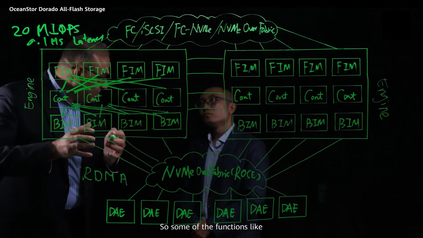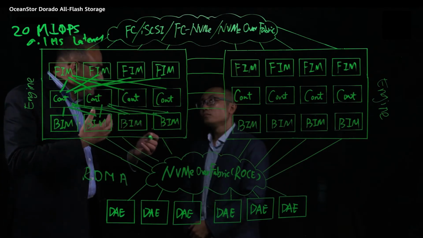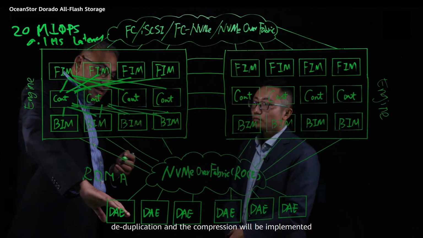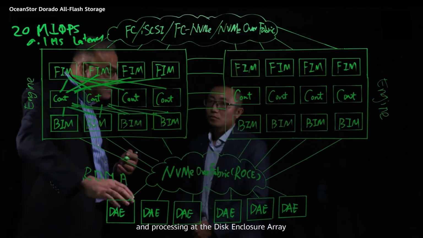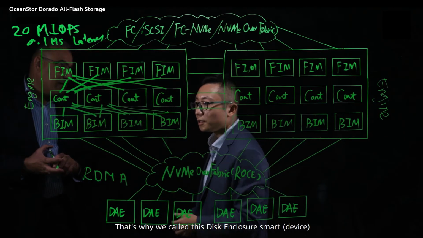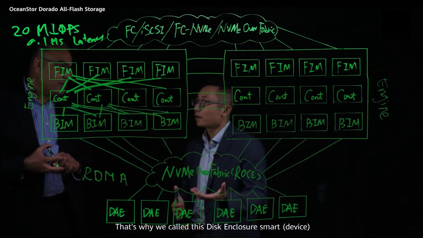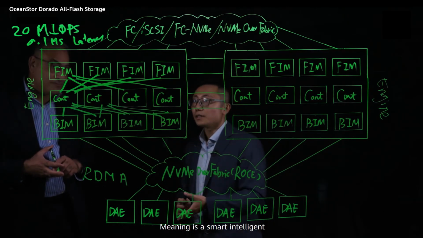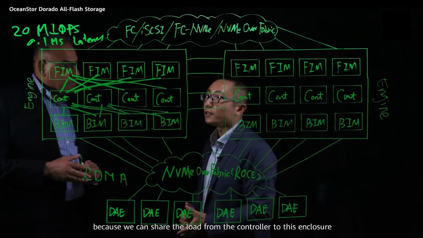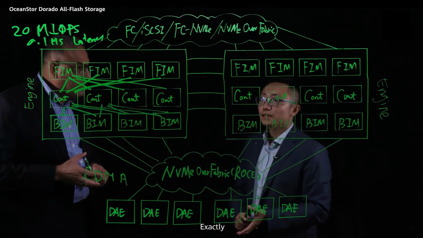So some functions, like deduplication and compression, will be processed at the disk array enclosure. That's why we call this disk enclosure smart. The meaning is smart, intelligent, because we can share the load from the controller to this enclosure. It's like offloading. Exactly.